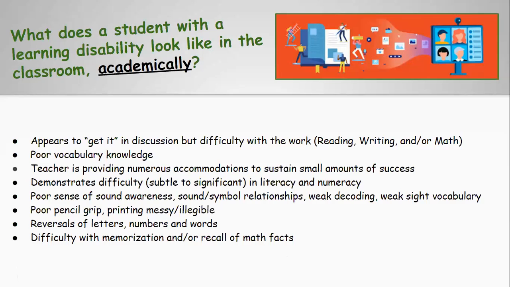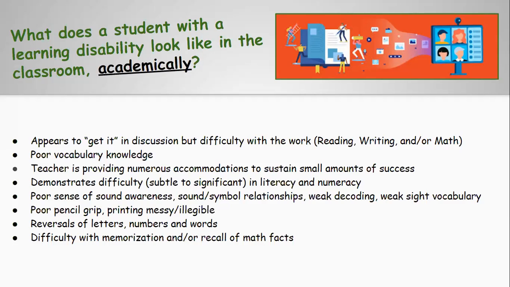So these students appear to often get it, but have difficulty despite understanding in those big areas of reading, writing, and math. Their vocabulary is often poor. Often the teacher is providing heavy accommodations in order to keep this student afloat.